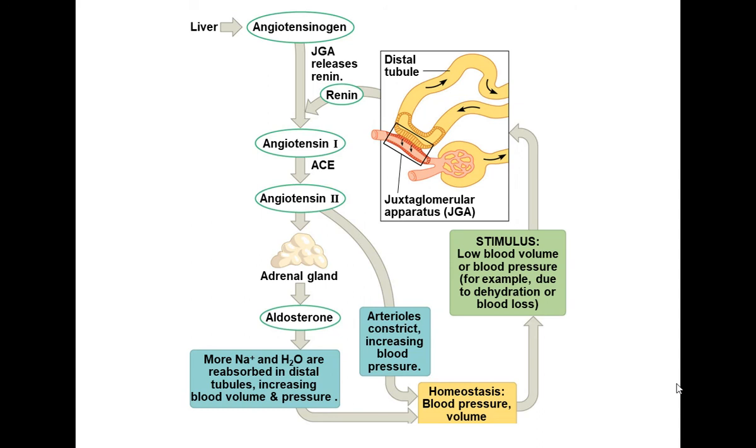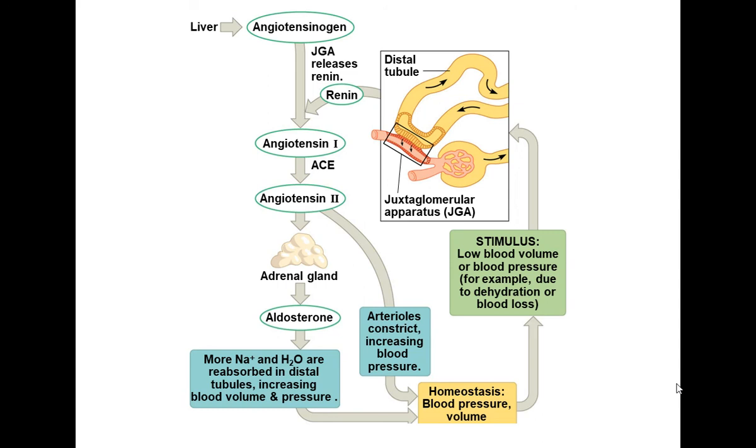And then angiotensin 2 is also chemically able to encourage the adrenal gland to release aldosterone. That particular chemical absorbs both water and sodium, so that's going to cause your osmolarity to stay fairly constant, but it's going to increase your blood volume. And as you increase your blood volume, that's going to help get your pressure back up too.